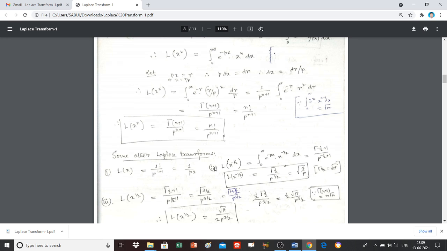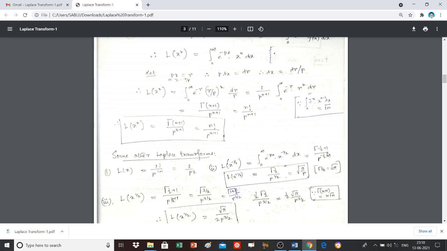And here is the second one, the Laplace transform of x to the minus half. So in this case, n is equal to minus half. So the Laplace transform is the integral from 0 to infinity of e to the minus px, x to the power minus half dx. We can write this in this way, or you can directly use this relation, that is equal to gamma of n plus 1, and n is in this case minus half, so gamma of minus half plus 1 by p to the power minus half plus 1.